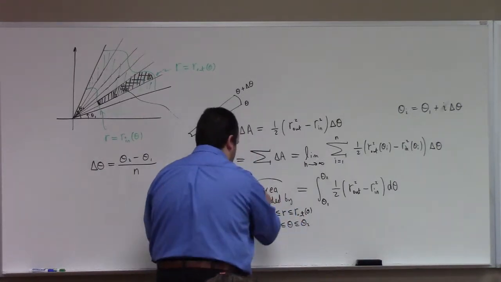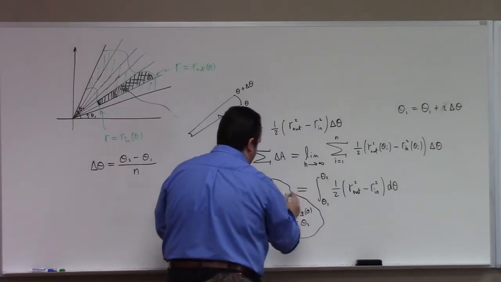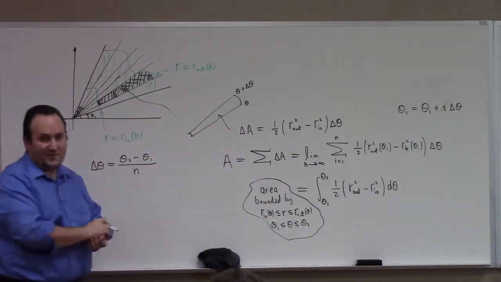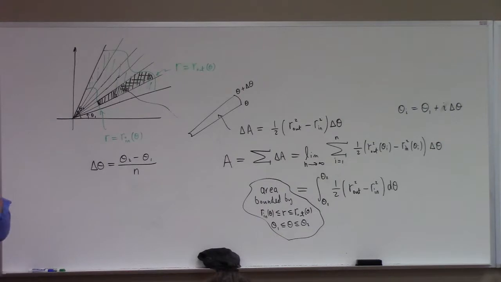There's the complete and rather clumsy description of the area we're bounding. It's stuck between two rays and an inner and outer radius. Okay?